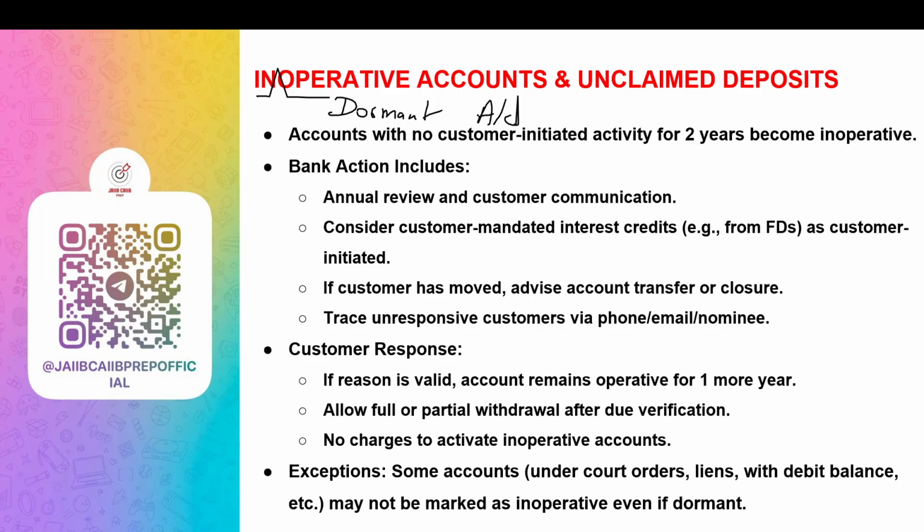The bank should take proactive actions. Like, the bank must do a yearly check on all accounts with no activity for 1 year to detect any nearing dormancy. If no activity is found, the bank must send a letter or email to the customer asking why the account is inactive, and request the customer to do at least one transaction to keep it active.